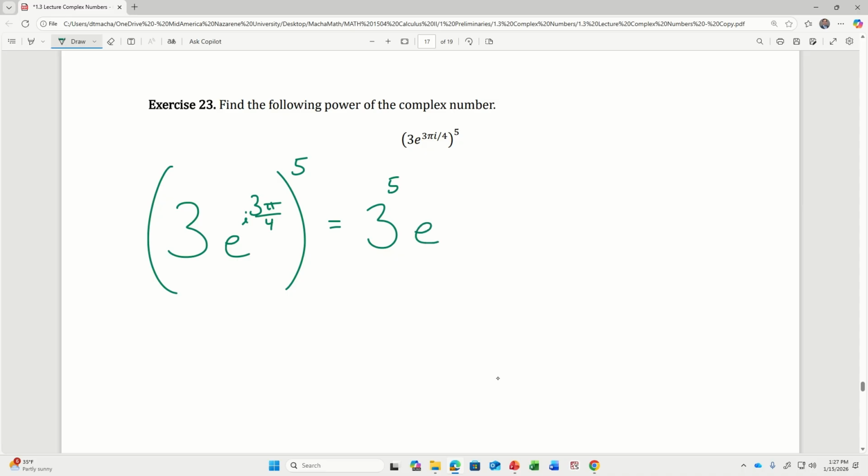And then there's a property of exponents, once again, that says if I'm taking something to another power, I can multiply the powers. I can multiply the exponents.